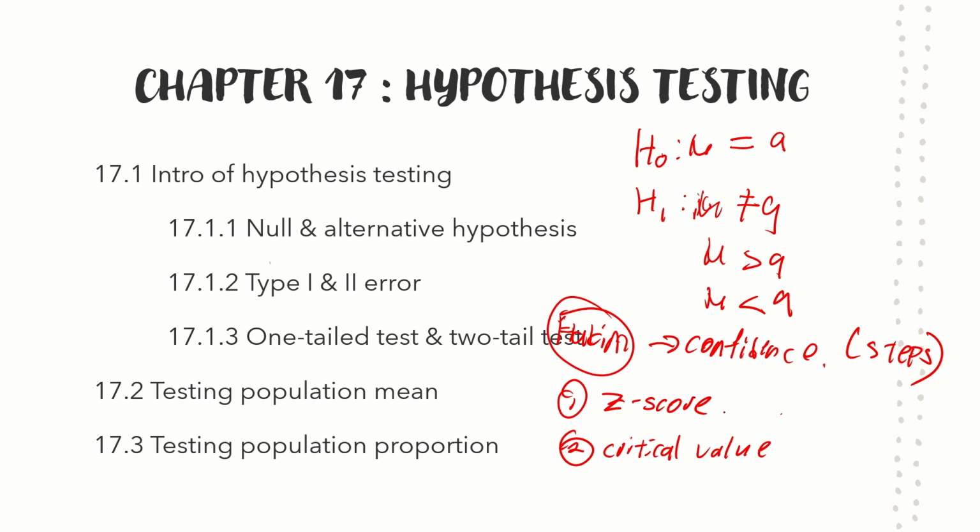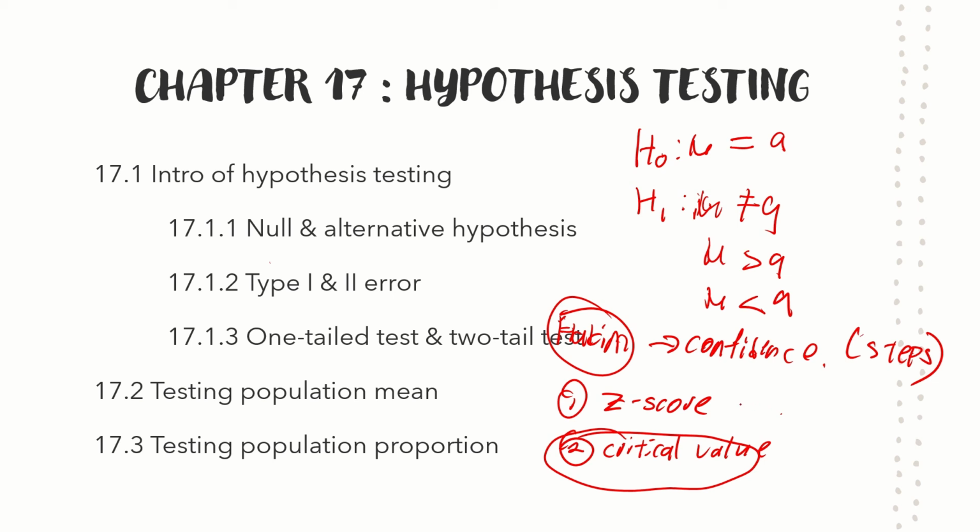You must follow the steps. You cannot jump the steps or skip the steps. If the first step is to find the Z-score, you have to find the Z-score first. You cannot find the critical value first. If you jump the steps, maybe you will make the examiner more confused.